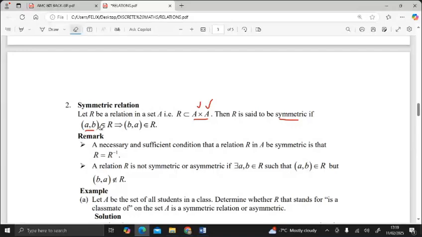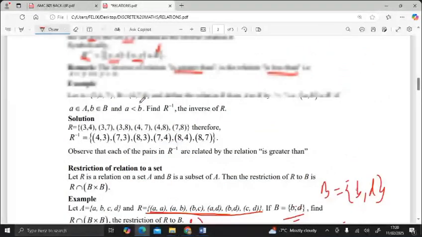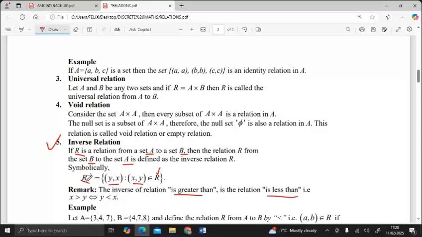A relation is symmetric if whenever there is an element related to another one, then that other one is also related to the first one. I think you agree this can only exist if there is the inverse, because what relates B back to A is R inverse.